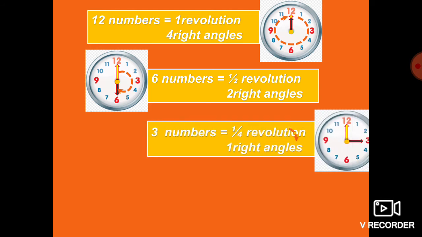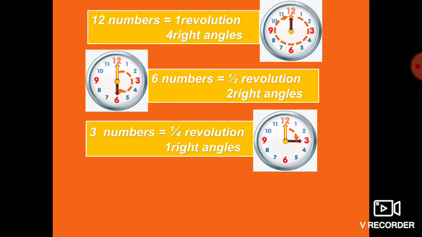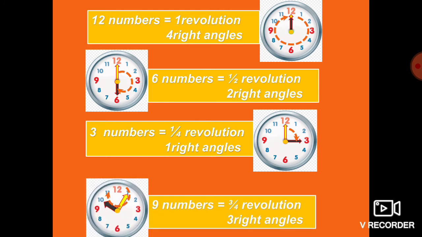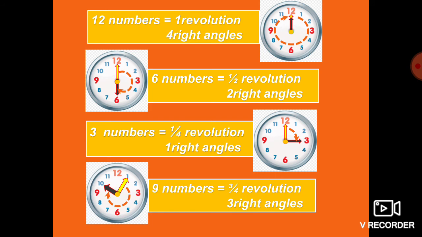Next clock. Consider next clock. Here 12 to 3. 12 to 3, that means 1, 2, 3. Only 3 numbers. When 3 numbers come, 1 right angle. When 1 right angle comes, 1 by 4 revolution. Okay, next clock. Here you can see 1 to 10. 1 to 10, how many numbers? 9 numbers.